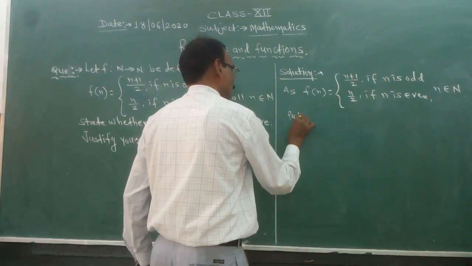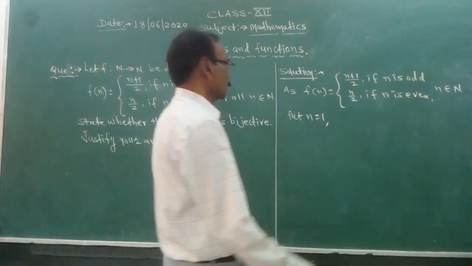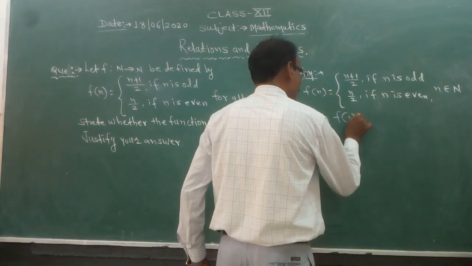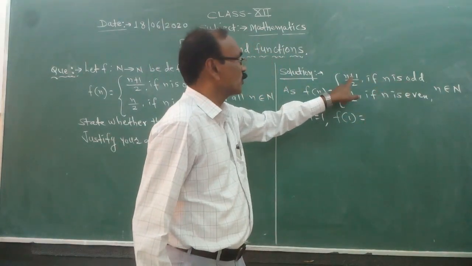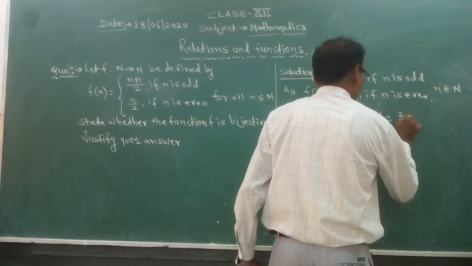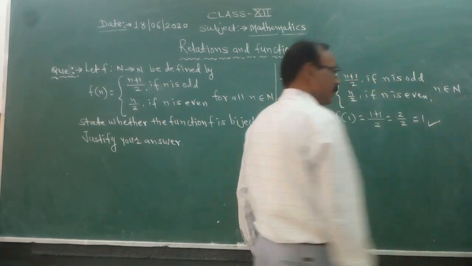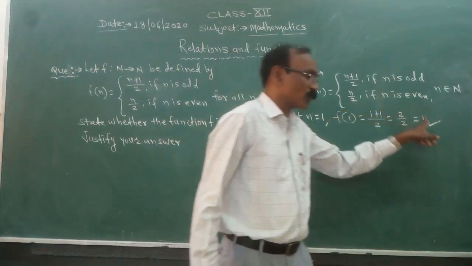So put n equals to 1. First list natural number 1. So f of 1 gives us, if n is odd, put n equal to 1: 1 plus 1 upon 2, that is 2 upon 2, is 1. So the image of 1 is 1.